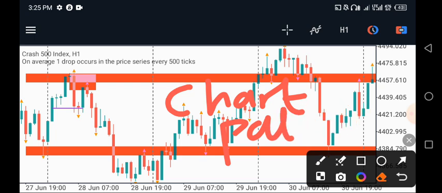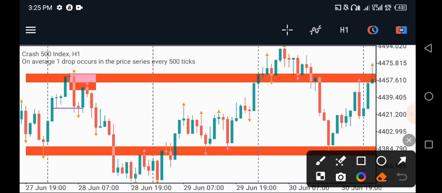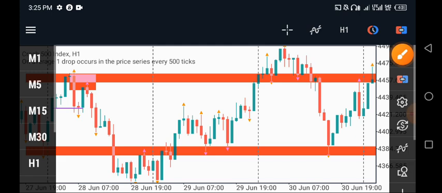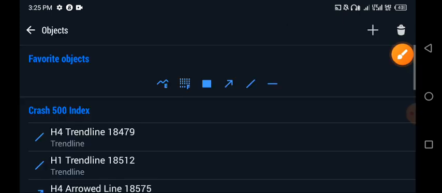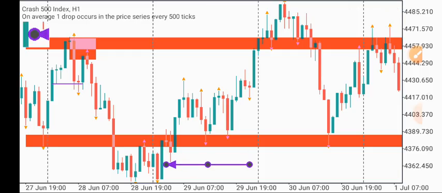A candlestick pattern is a particular candlestick. For example, if you see this particular candlestick here, you will notice that it covers this bearish or sell candle.